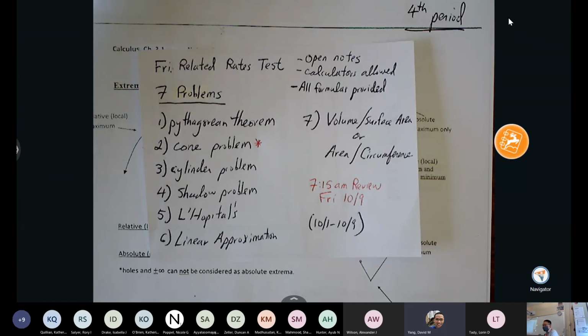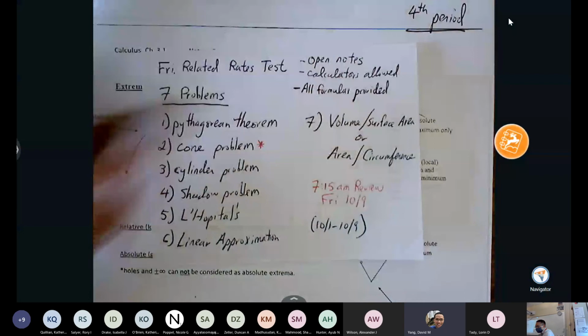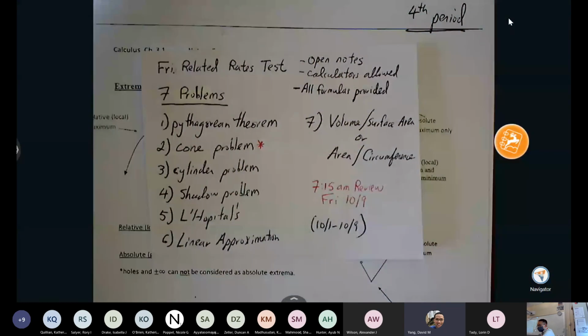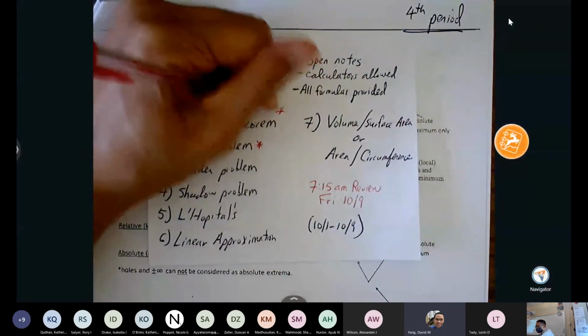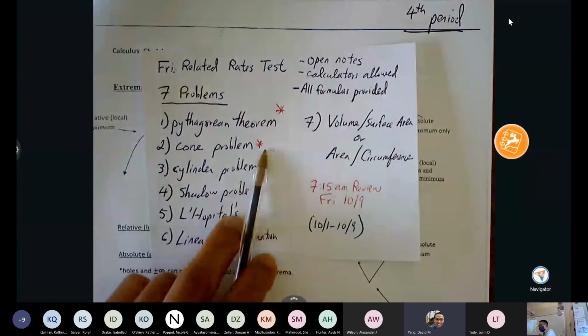I don't want you spending all your time trying to clean up your problem when it's only worth like 1 or 2 points. 15 minutes there is more valuable spent on the problem that you haven't started yet. I think that goes specifically for problems that can be messy at the end, like cone problems and Pythagorean theorem problems, where you have all these numbers you have to combine.